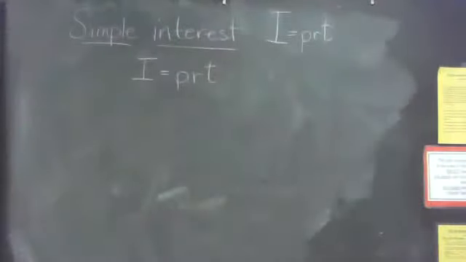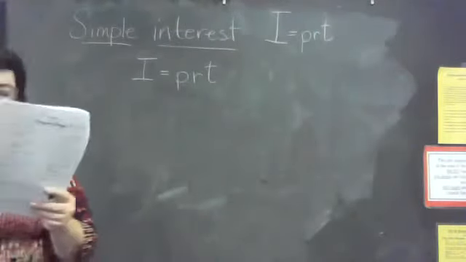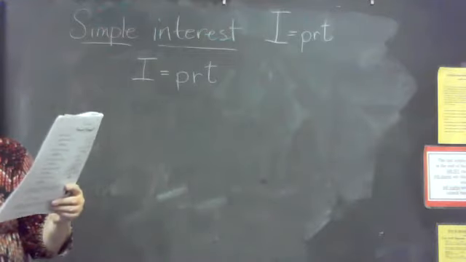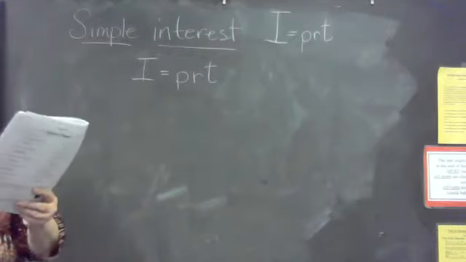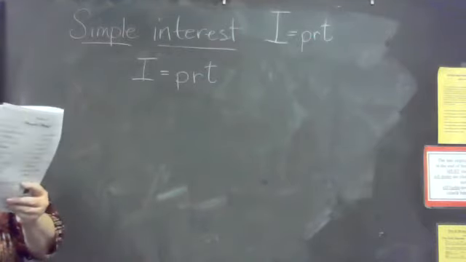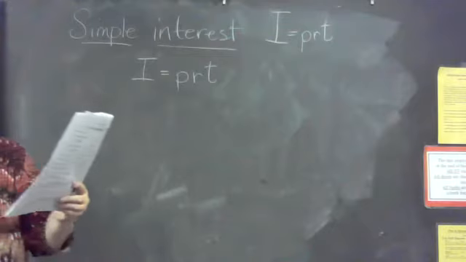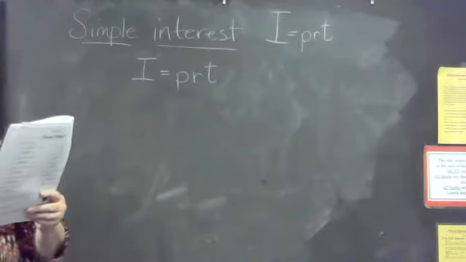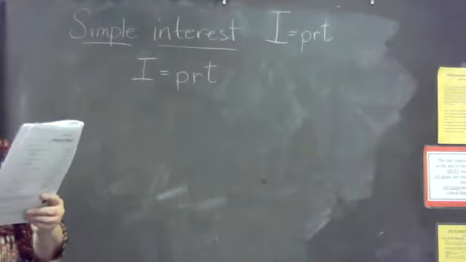Number 9. Okay. It says how much interest is earned on a principal of $646 invested. That means you put it in a savings account or you invested it somehow. At an interest rate of 5% for 2 years.